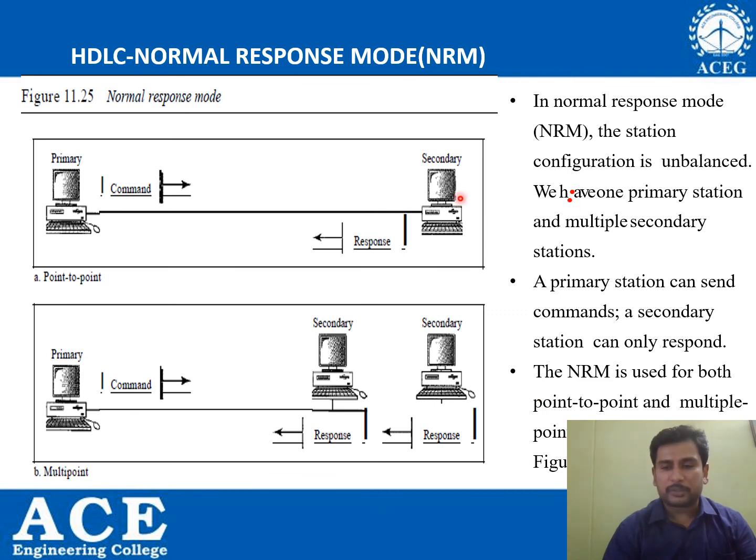So the normal response mode is used for both point to point and multi-point links. And remember, in normal response mode, the primary sends the commands and secondary just uses the response. That is the reason why it is called unbalanced or normal response mode.